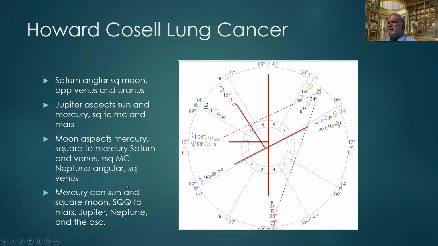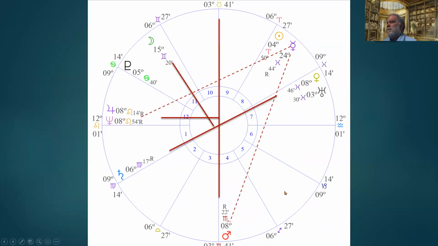This is lung cancer. In his particular chart, Mercury is conjunct the Sun and square the Moon. He has a Moon in Gemini, which stresses the lungs, at the short leg of this T-square. It's square to Saturn and these other planets.